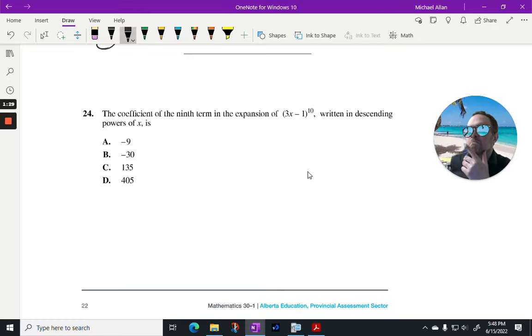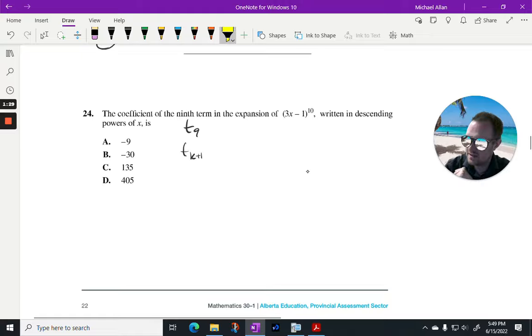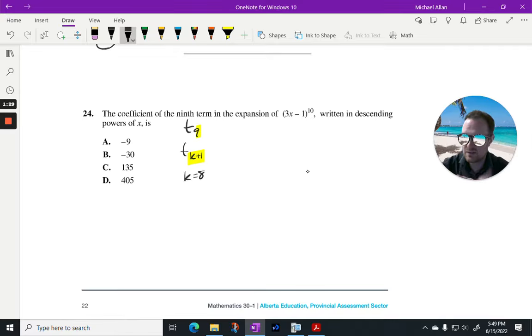Okay. Now, this is a nice one. The 9th term in the exponent. So we're trying to find T9, but remember, the formula says k plus 1. Because of this, we want this to end up being 9, so our k value is 8.